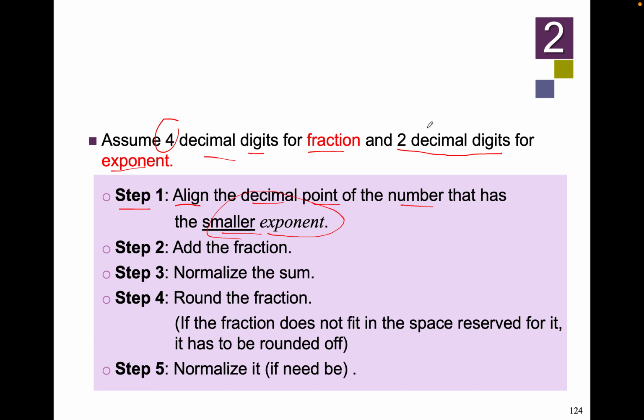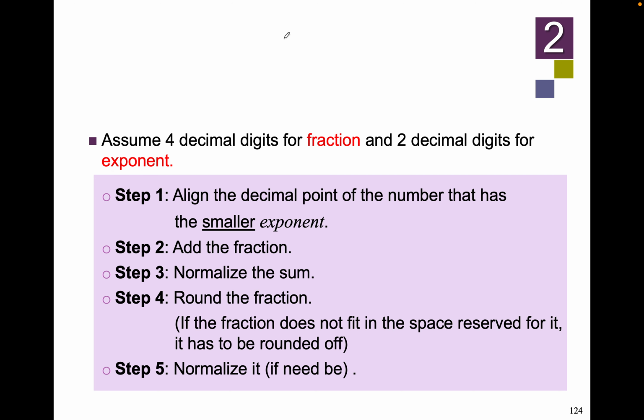Let me give you an example: if I have 2.02 plus 127.21, if you want to add or deduct, you need to make the radix point similar. So this is one example when you are adding fractional numbers.